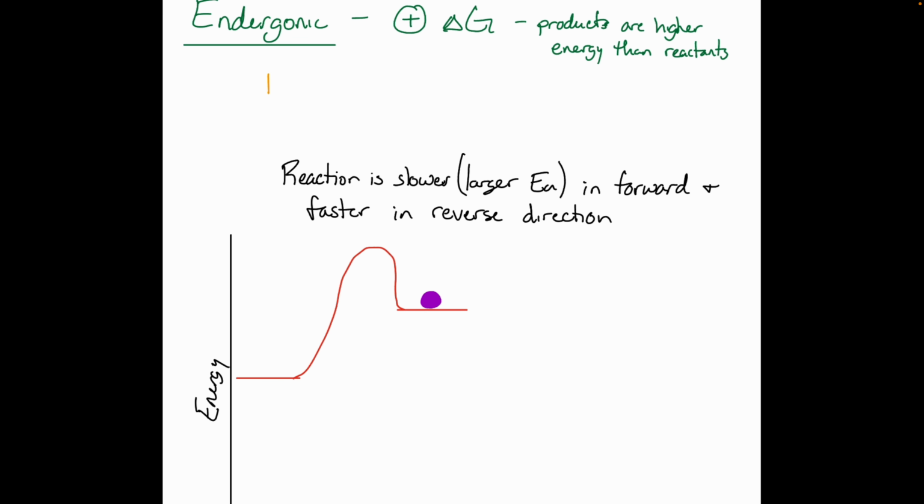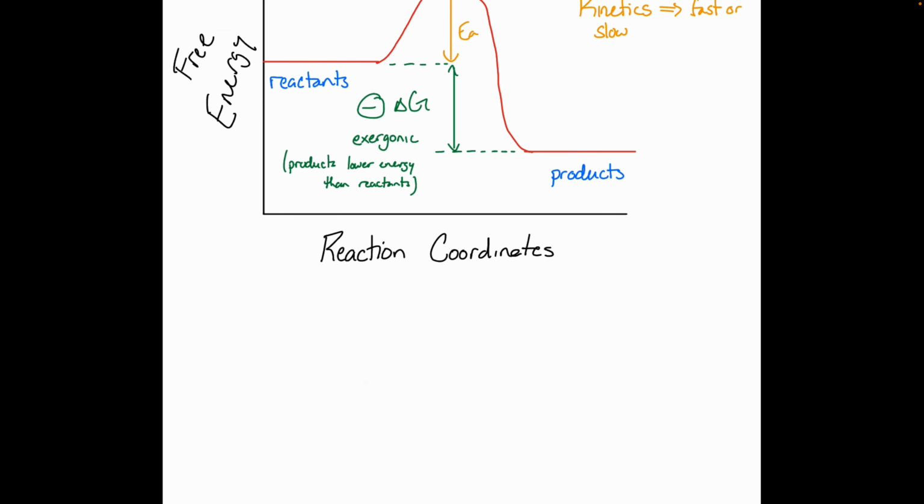All right, if we just kind of want to go back up and complete here for our exergonic, these have a negative delta G, meaning our products are lower energy than our reactants.